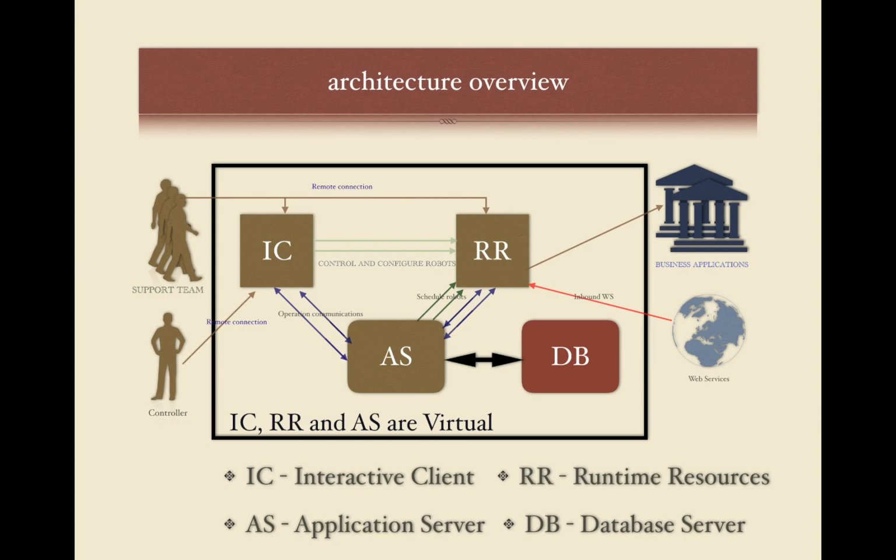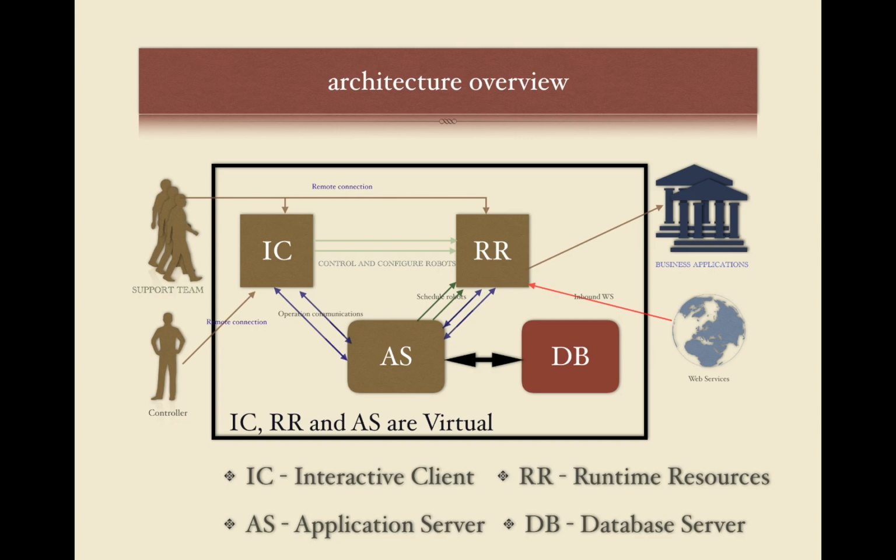Now coming over to the right side, I have the business applications. When a runtime resource runs a process, it will directly interact with my business application, which actually does the business process. That is again a certificate-based communication from my runtime resources to the business application.